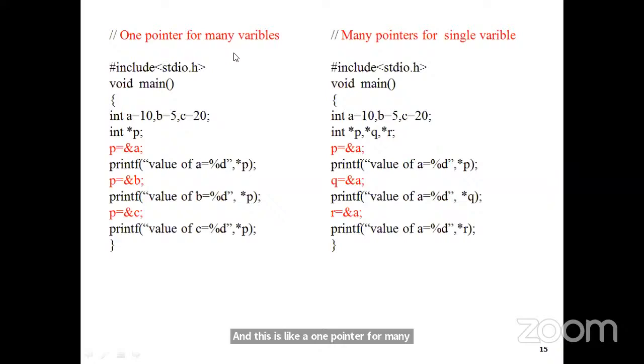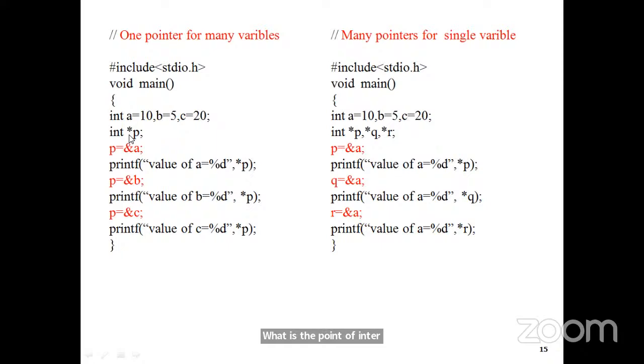One pointer can point to different variables, based on your requirement. For example, int a equal to 10, b equal to 5, c equal to 20. There are three variables and only one pointer, int star p.